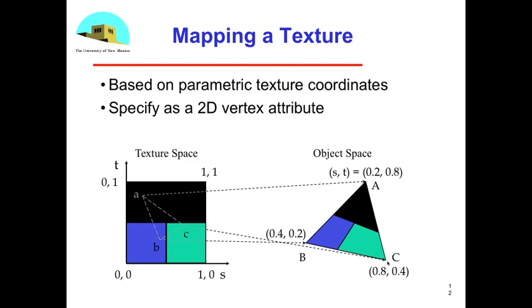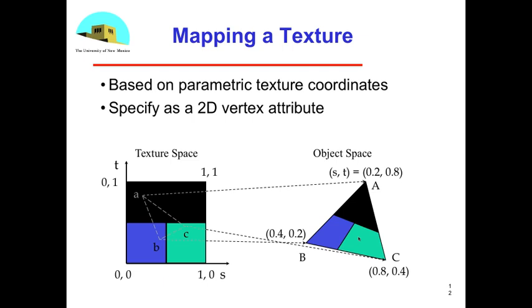Likewise, if I assign the vertex C 0.8, 0.4, it corresponds to this point over here in the green space, and likewise if I assign ST to 0.2, 0.8 over in texture space, that corresponds to this little a over here. So that's defining a triangle in texture space, and that triangle is being mapped to this triangle inside the rasterizer.